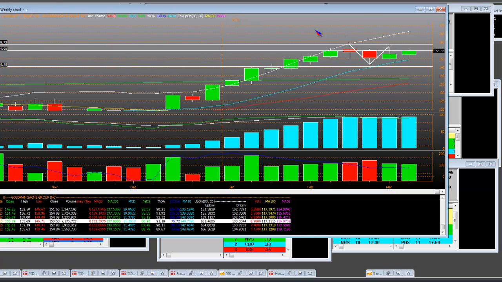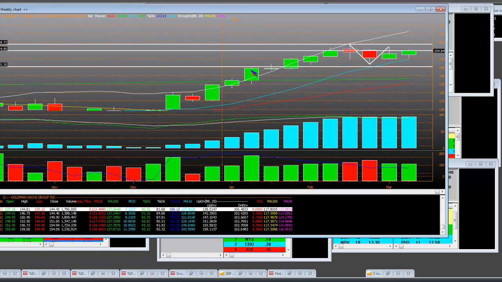So I'm going to draw the 10-week moving average line, MMT, on Goldman at 149.49. If we break it, we sell down. The lower end of the support would be this weekly high bar, MMT. That support level on that high is 144.81. That's this bar right here, weekly support level on that particular bar.